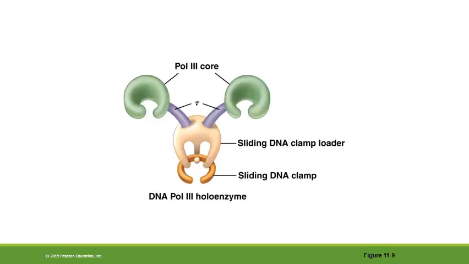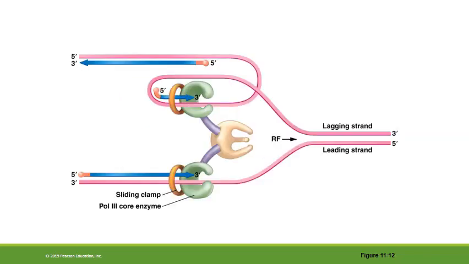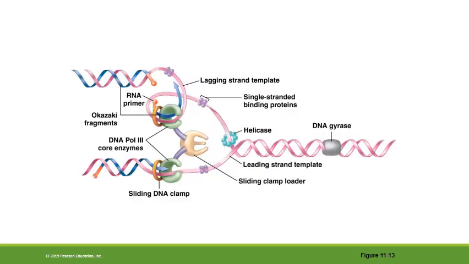This is a little bit more simplistic picture than what I just showed you, but it gives you that general idea of those clamps and the clamp loader and how those clamps hold on to the DNA while DNA is being synthesized. We can see how the lagging strand is being looped around in order to have both of the strands going through the DNA polymerase at the same time.